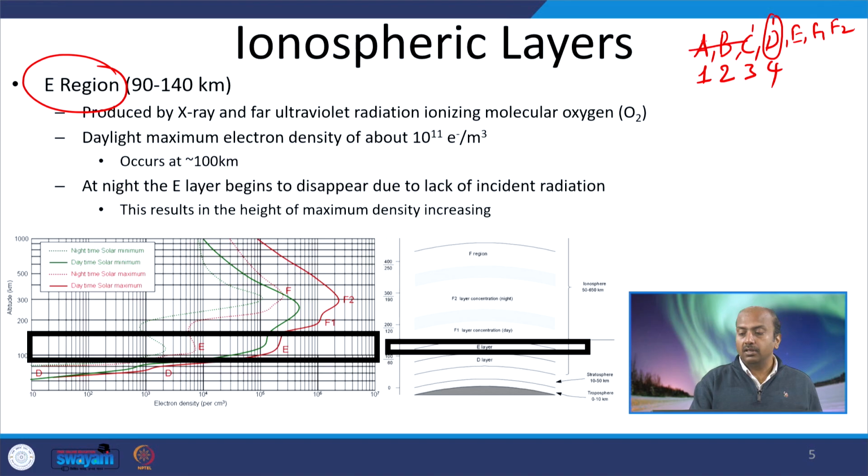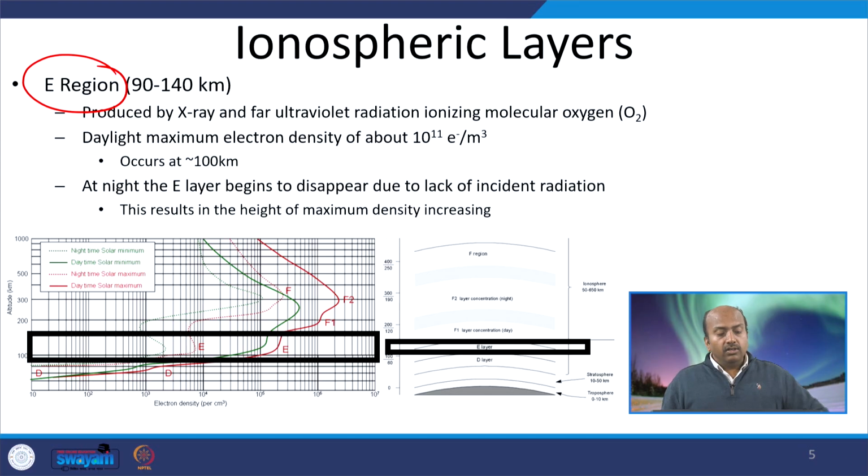What happened to ABC? We don't know, right? So, try to read online, you easily get the answer. Maybe I will myself explain in the following lectures, but you try to find out why we are referring to the ionospheric layers as D layer, E layer, F1 layer and F2 layer, etc. Okay, coming back.